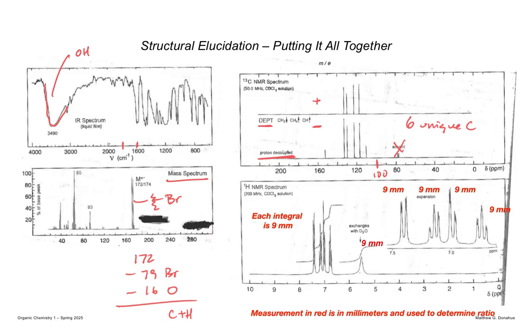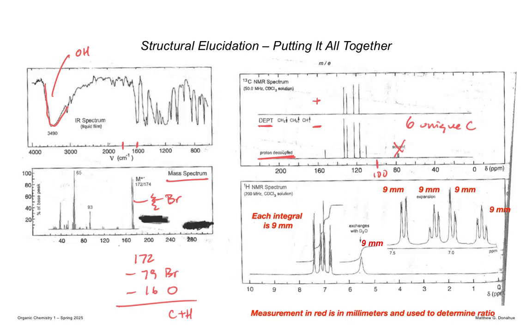When you look from the bottom to the top, how many of those 6 have signals on the top? 4. So it's telling you that these 2 here, the outer ones, since you're not seeing a signal, they have no attached hydrogens.